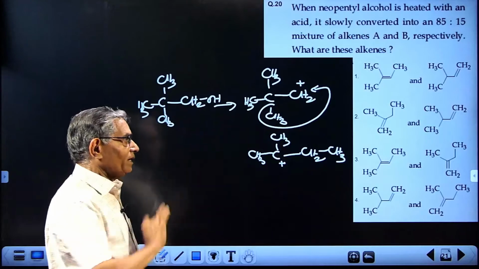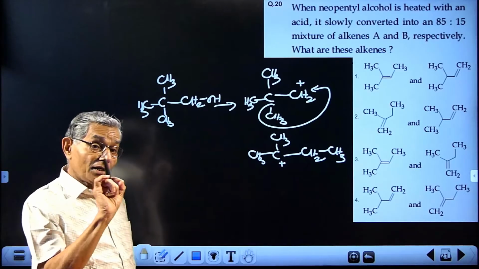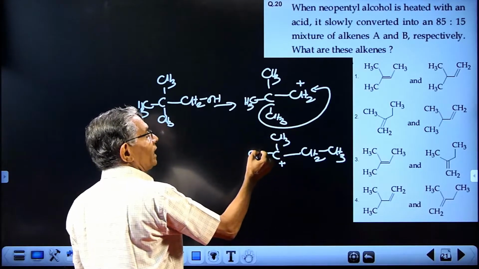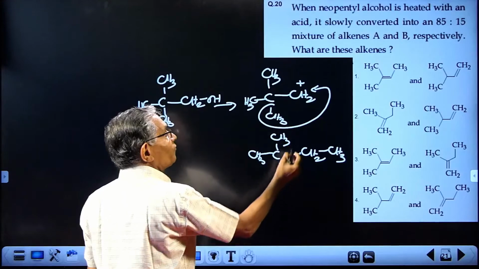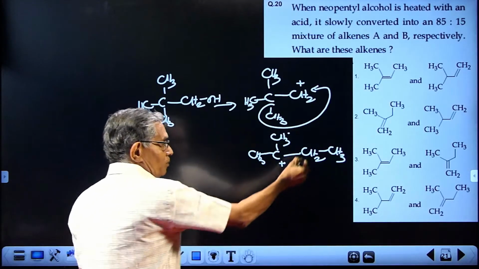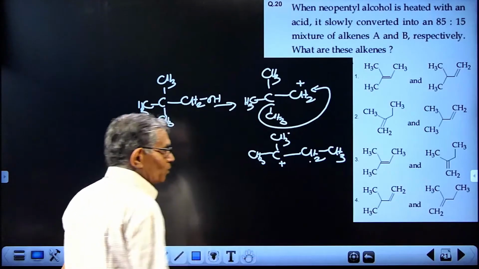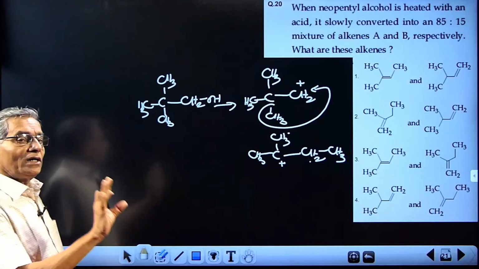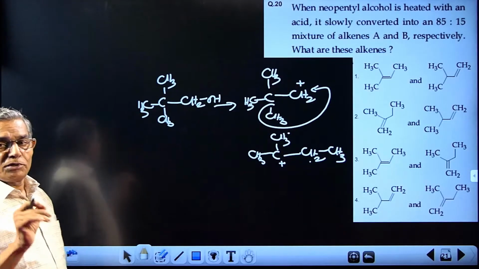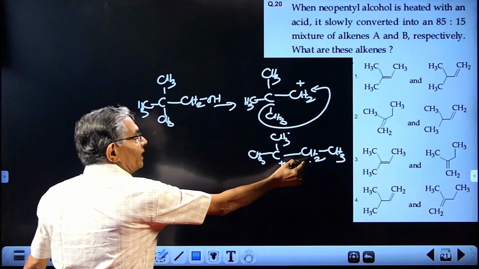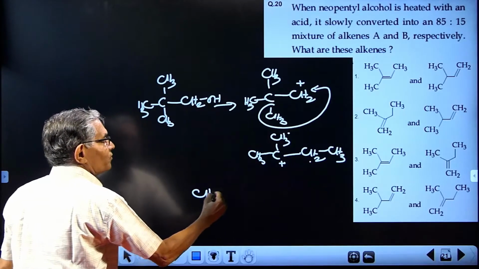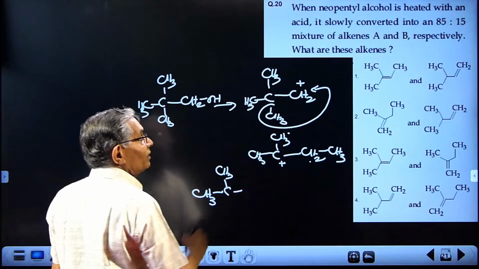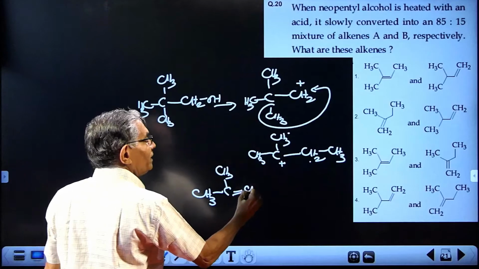Methyl shift makes a tertiary carbocation. And to complete the dehydration process, you have to eliminate a proton. It can be either from here or from here, both are equivalent. Theoretically, there are 2 possibilities. Both are not equally stable, one will be more stable, even then there are 2 possibilities for the formation of alkene. Removal of this hydrogen will give an alkene with the structure CH3C, followed by double bond CH3.